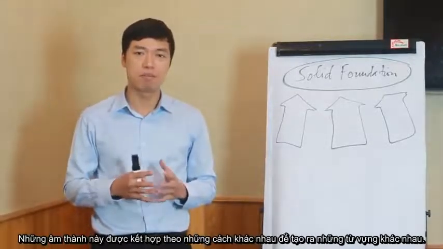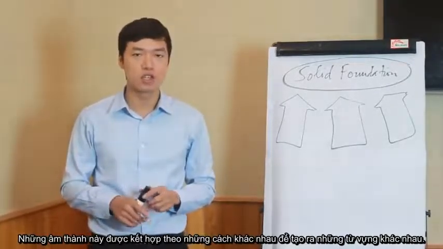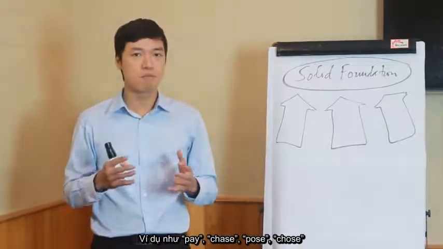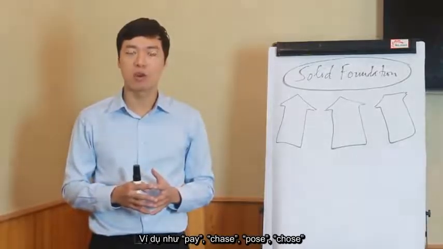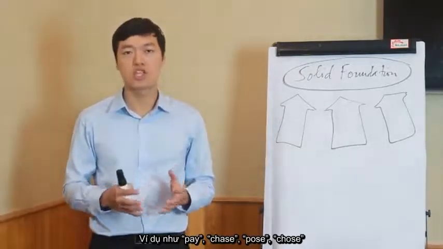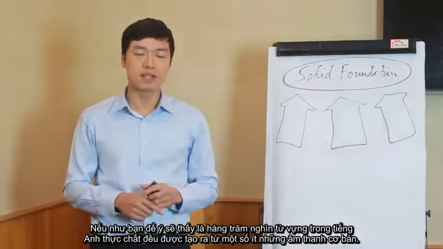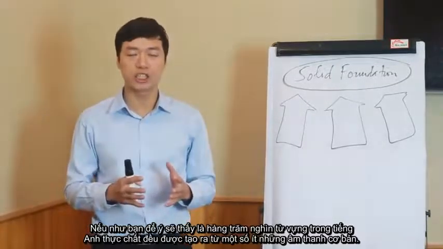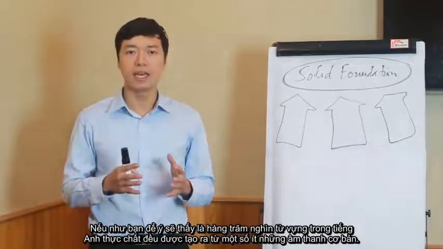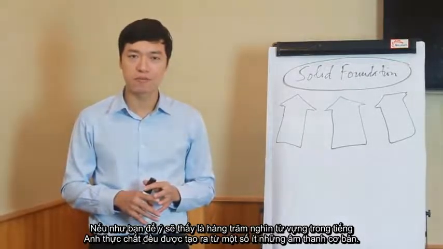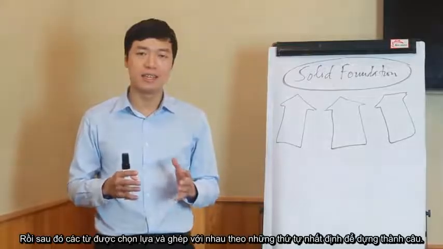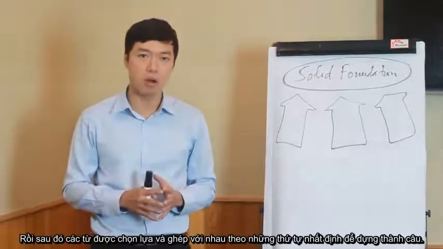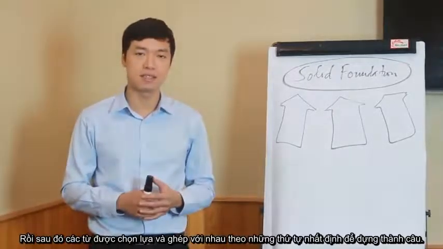And these sounds are put together in different ways to form different words. For example, pay or chase, or pose, or chose. If you think about it, hundreds of thousands of words in English are actually formed by a limited number of basic sounds. And then these words are put together in certain orders to create sentences.